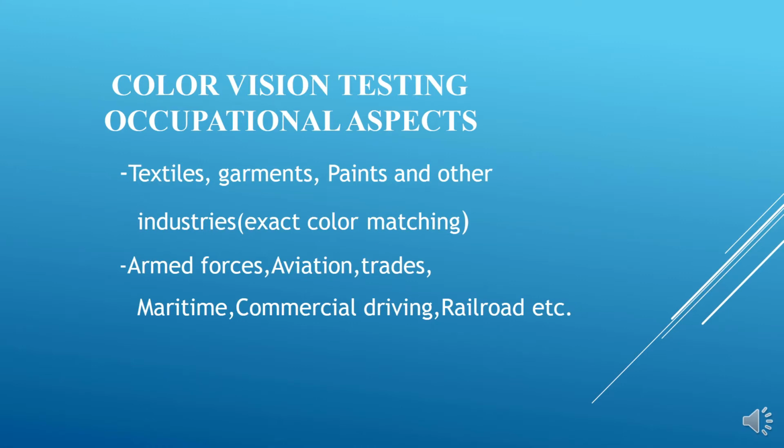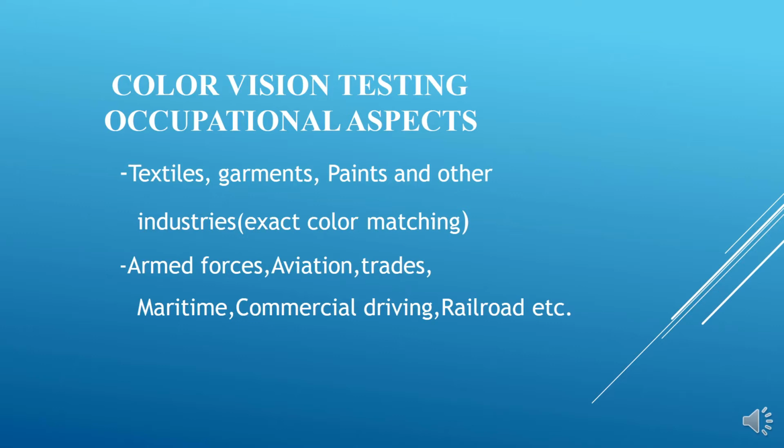And to test this color vision, as far as occupations are concerned, is very important. Suppose, for example, a person working in a textile mill, or handling the garments, painting mills. In this particular industry, if their color vision is not proper, they are not able to do their job properly.